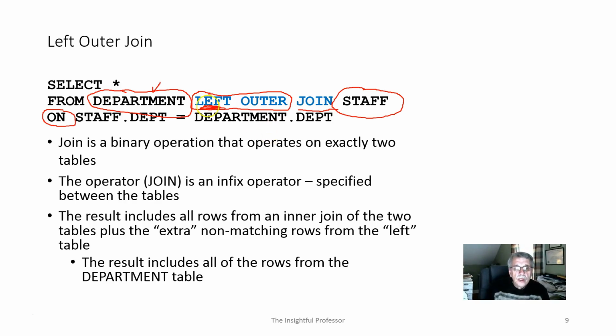So this will give us the same result as the inner join plus the extra or non-matching rows from the left table, which in our example is going to be department. So this will show us all departments that have staff members, and in addition will show us those departments that don't find a match with any staff member, departments that don't employ staff members. That's where the extra or non-matching rows will come from.